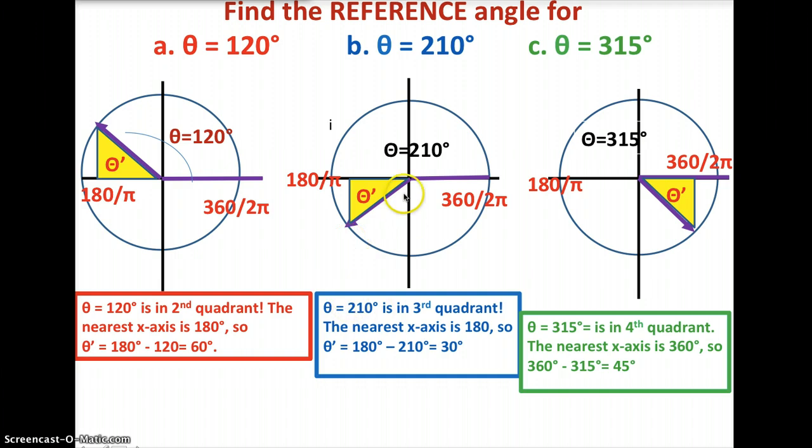Well, the nearest x-axis is 180 degrees, so you subtract 180 from 220 and you get 40 right here. That would be the reference angle. And then go into fourth quadrant, you have 315 degrees. In fourth quadrant, the nearest x-axis is 360, so you subtract 315 from 360 and your reference triangle or your reference angle would be 45 degrees.